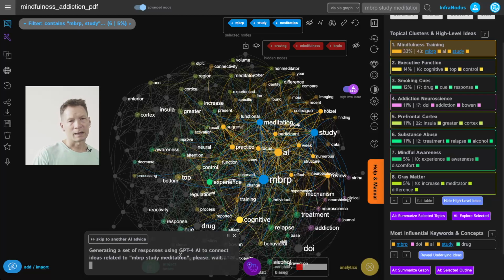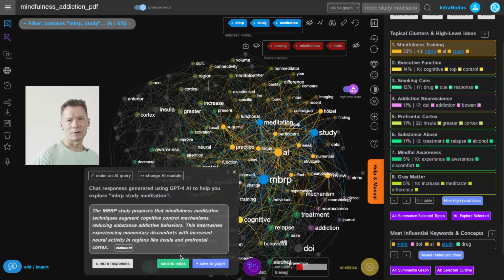So unlike other tools, you're not just chatting with the document, you're actually using the document to extract some interesting ideas and see how you can reconnect them in a new and interesting way. So it's a tool for the people who actually want to take the ideas further, not just to understand what the documents or any texts are talking about, but who want to develop them further.